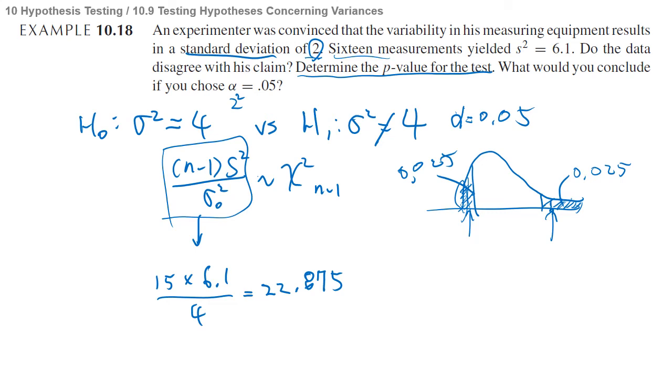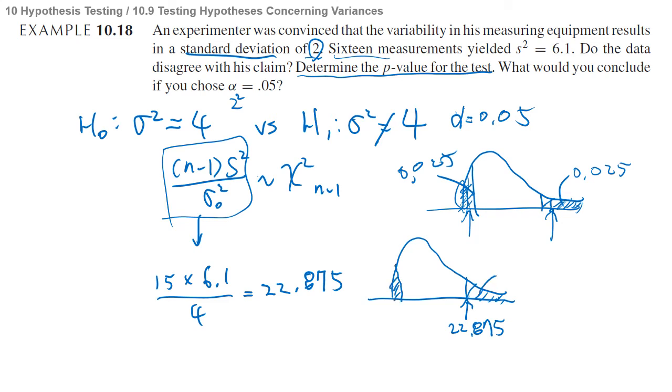And so your p-value is this part: 22.875, and if you calculate this area, since this is a two-sided test, you have the same area here.